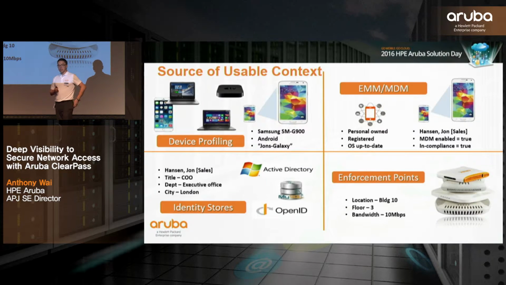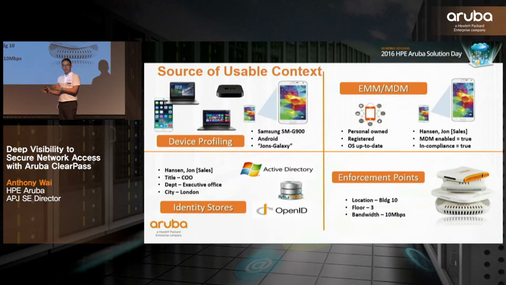And last but not least, we can also gather information from the enforcement point itself. Although this is a laptop that is being issued to the employee, a company-issued laptop, he's connecting in the company environment, he's using the right credentials, but for some reason, instead of connecting from the corporate offices, he's connecting from the warehouse.